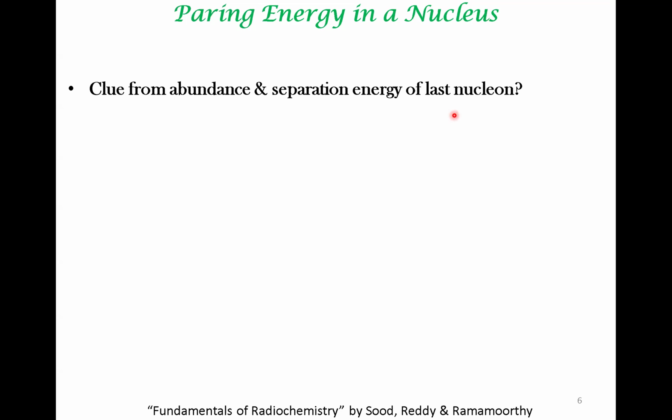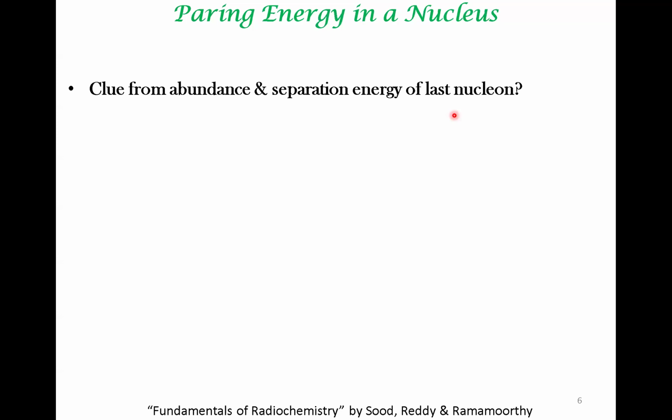So if you have a nucleus with an even number of neutrons, the energy to remove the highest energy neutron is a lot more compared to a nucleus having an odd number of neutrons. Likewise, if you have a nucleus that has an even number of protons, the energy to remove the highest energy proton is more compared to a nucleus having an odd number of protons. So overall, it is beneficial for the nucleons to be paired up.